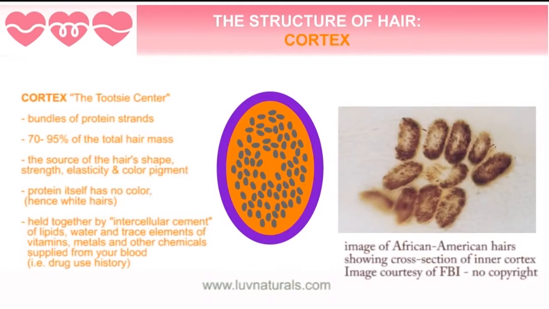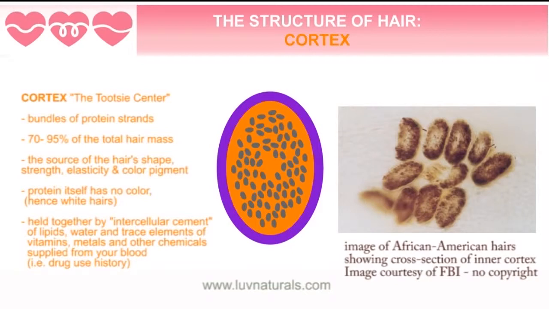It is also important to note that the cortex layer is where chemical processes take place. This includes hair relaxers and color changes, and melanin is either extracted or added in to change your hair color. Now I want to briefly remind you what you're looking at. The purple ring, again, is the cuticle that shields the hair. The little gray specks that you see represent the protein bundles because there are lots and lots of them packed in.